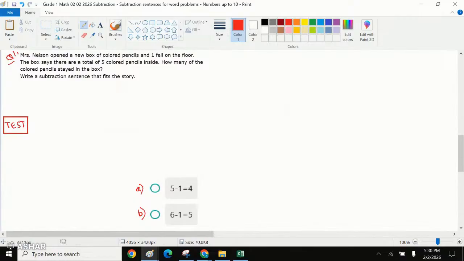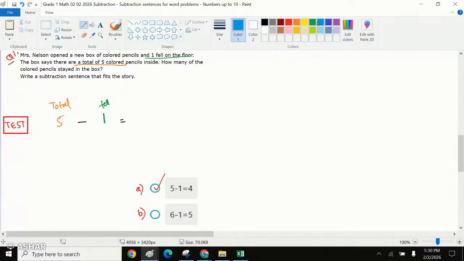Yes, thank you, Attaboy. Option number A, because we know that the total was 5. The answer is perfectly correct. Minus the number of pencils which fell out. One fell out, right?